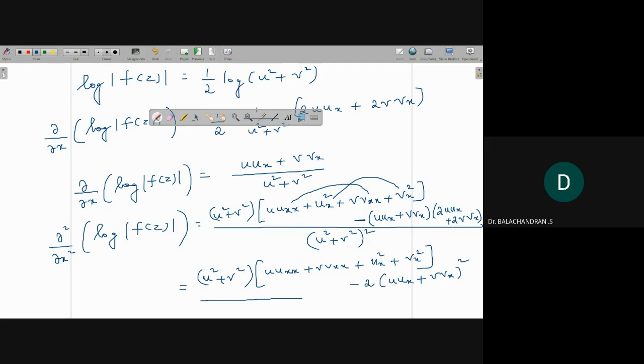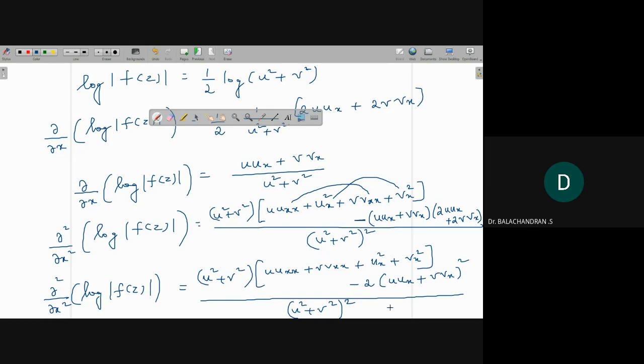The denominator is u square plus v square whole square. So now this is actually dou square by dou x square of log of mod f of z.